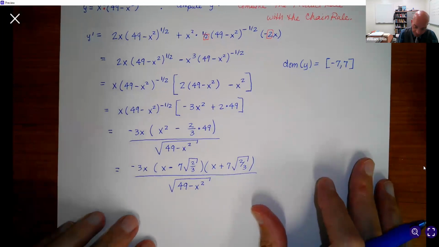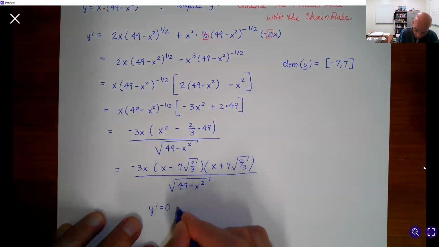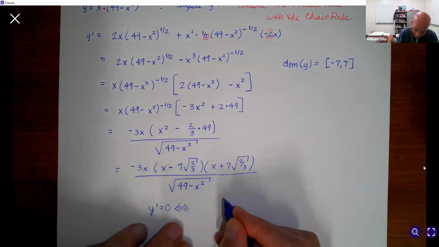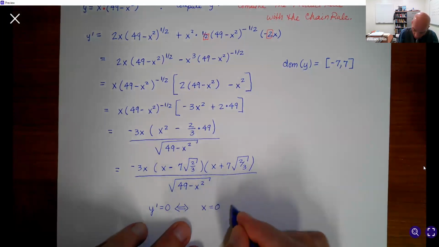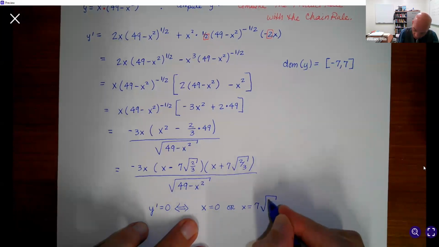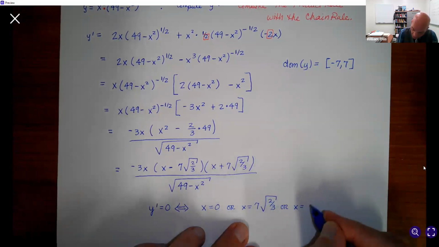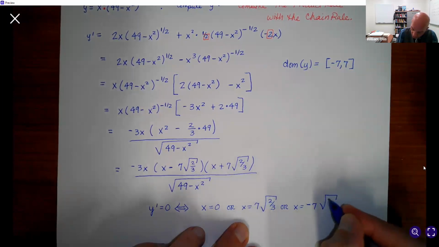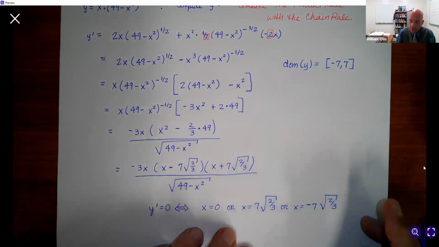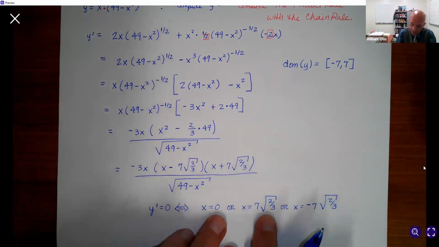So now we can see just by this, y prime equals 0 if and only if x is 0, or x equals 7 times the square root of 2/3, or x equals -7 times the square root of 2/3. So what we see here is that we have the existence of 3 horizontal tangents.